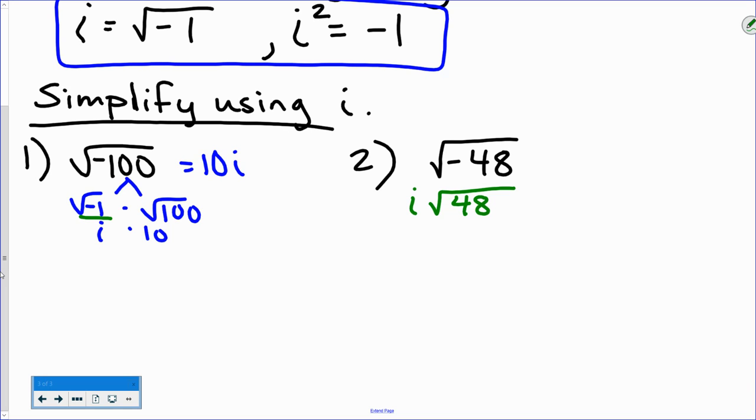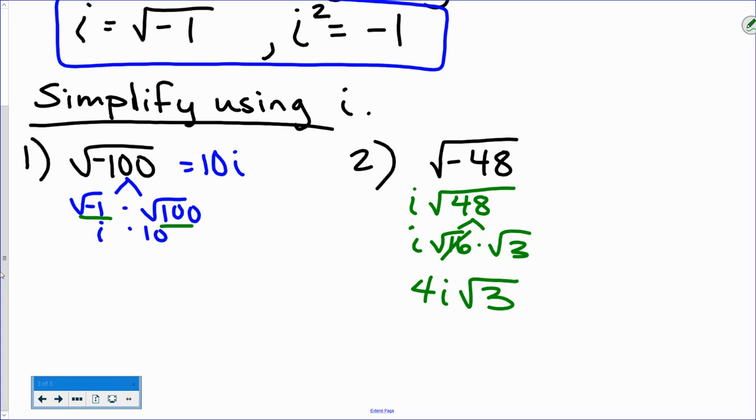We'll still have to simplify radicals if we can. 48 itself is not a perfect square like 100 was, so we're going to have some things left in the radical. We're looking for the largest perfect square that divides 48, which would be 16, times 3. The square root of 16 gives me 4. So then I would write 4i times the square root of 3.